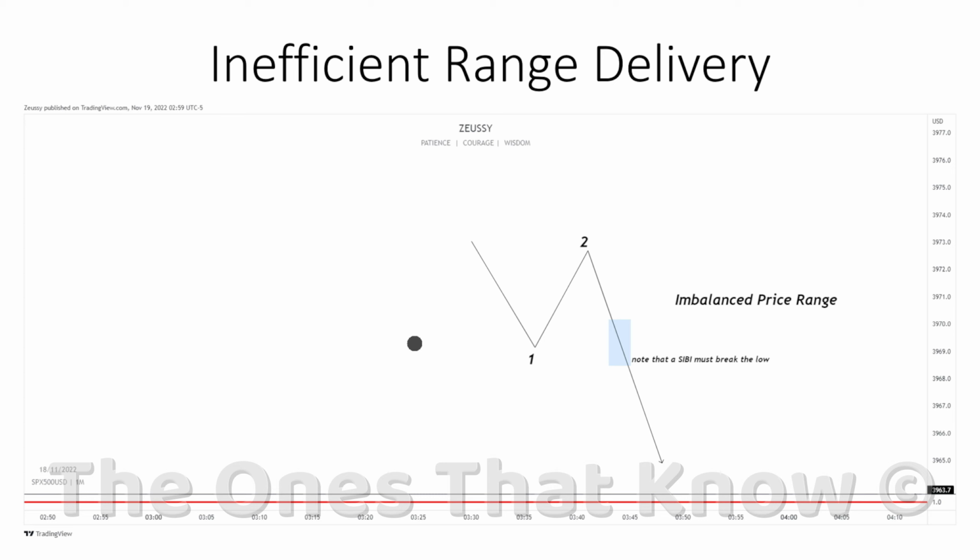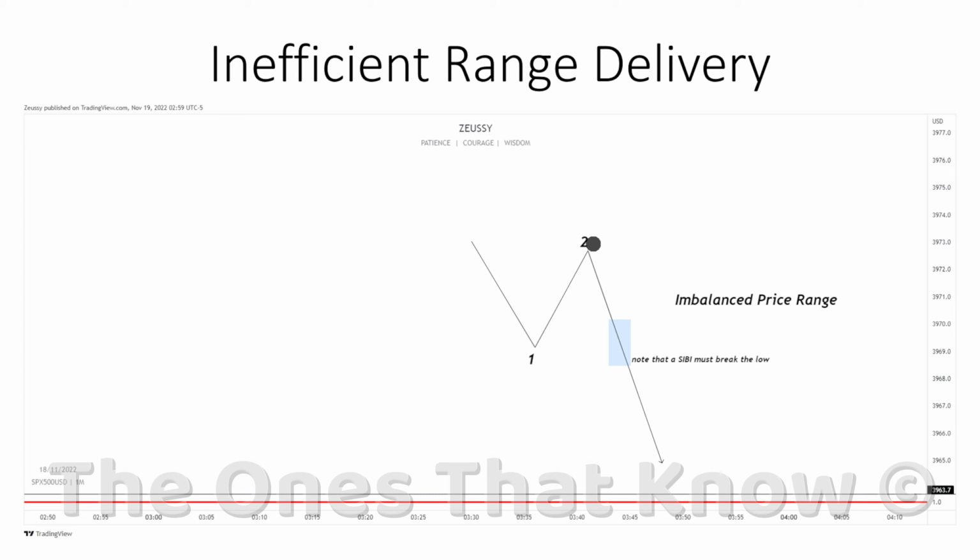I personally look at market structure through this perspective of efficient delivery. Here we can see a price range from 1 to 2. This price range is imbalanced. Yes, I'm going to talk about balanced price ranges for a second in this lecture.